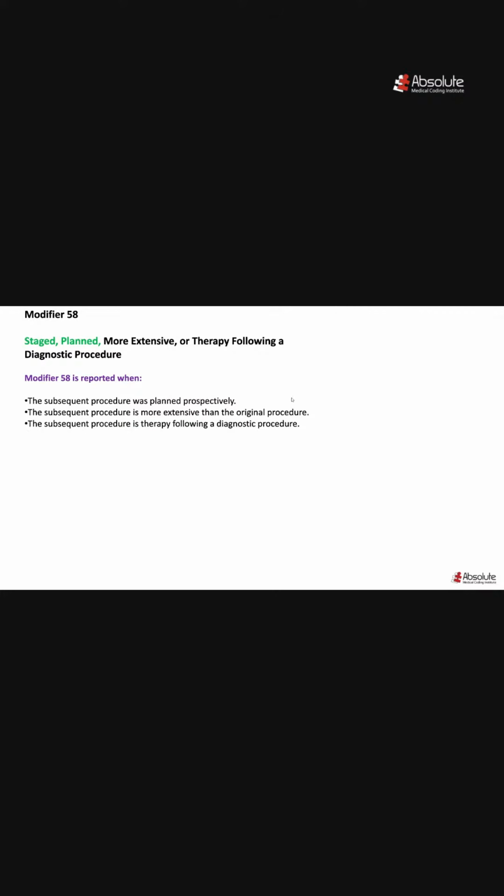The subsequent procedure is more extensive than the original procedure, or that subsequent procedure is therapy following a diagnostic procedure. And the key concept is that the physician, and it's the same physician, expected another procedure might be necessary.